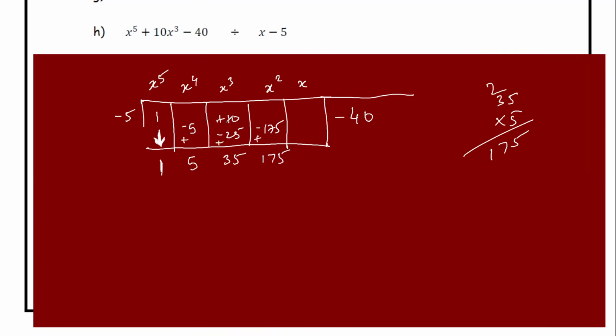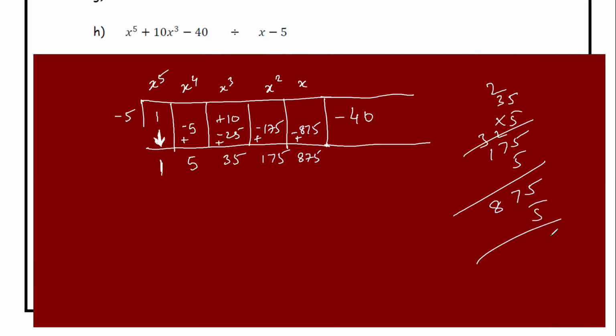And then 175 times negative 5. So it's 5 5s are 25, 5 7s are 35, 37, 875. So that's negative 875, becomes positive because you got to change the sign. And then finally 875 times 5 is 5 5s are 25, 5 7s are 35, 37, 5 8s are 40 and 43, 4375, and that'll be negative 4375.